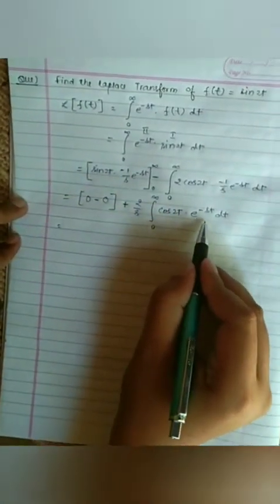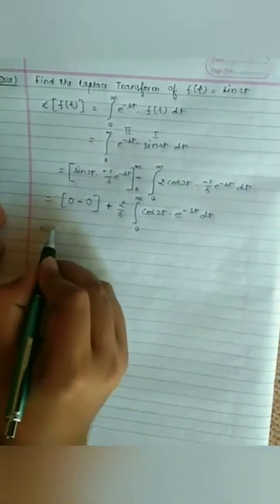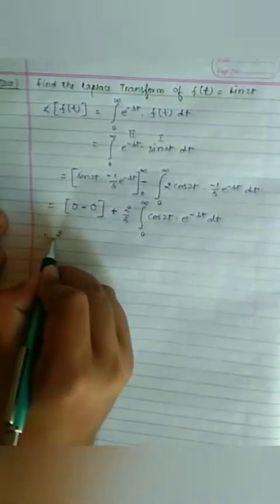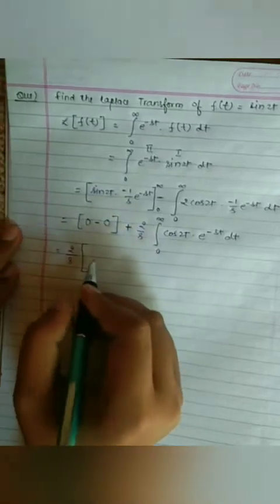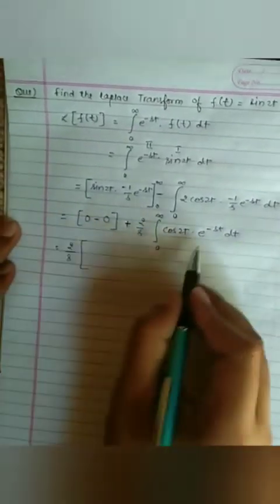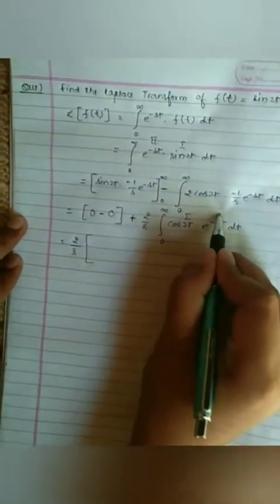It can also be solved by integration by parts. So we are solving this by integration by parts, 2 by s. Integration by parts says that we have to write the first function, that is this, and the second function this.